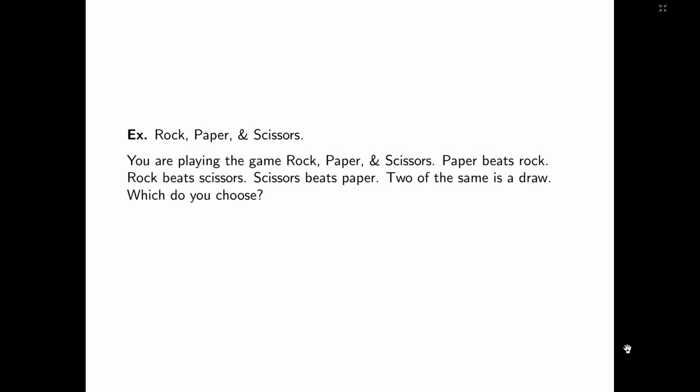It depends on what you think the other player is going to do. And what the other player is going to do depends, at least in part, on what they think you're going to do. And so what you should do depends in part upon what you think the other player thinks you're going to do, and so on. This is the structure of a strategic game.